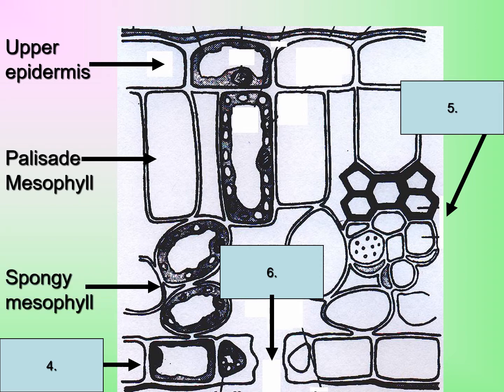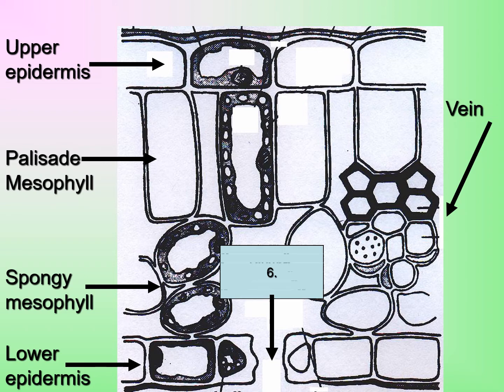And palisade mesophyll and spongy mesophyll are full of chloroplasts. What is special about the upper epidermis again? Remember, light has to be able to pass through. These cells are transparent. What about 4? We've got the upper and we have the lower epidermis. And in the lower epidermis we have stomata, and the other 2 cells that control the stoma were guard cells.